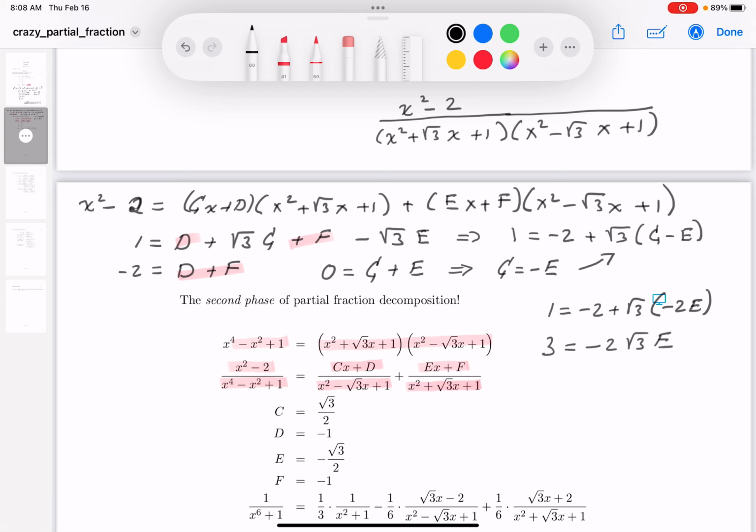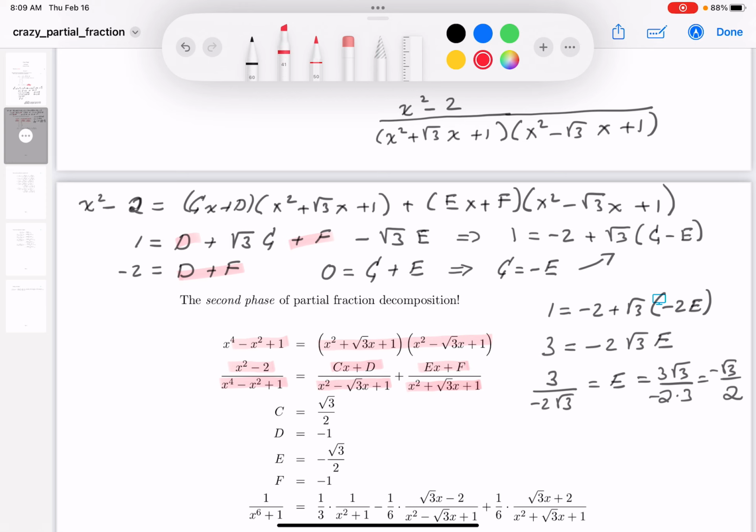I add 2 to both sides, I get 3. And then I get minus 2 root 3 e. That doesn't look so bad, right? So you get 3 over minus 2 root 3 is equal to e. I'm going to simplify that by multiplying top and bottom by root 3. You're going to get 3 root 3, and on the bottom you get minus 2 times 3. So I would get minus root 3 over 2.